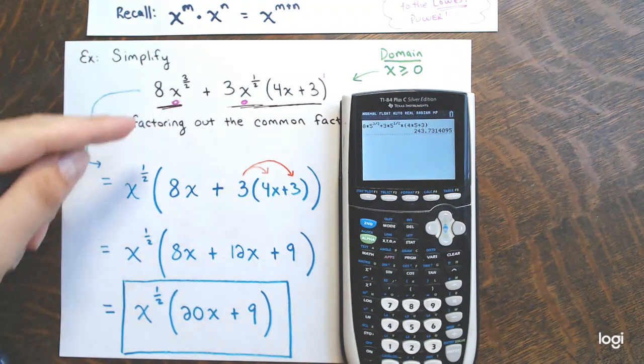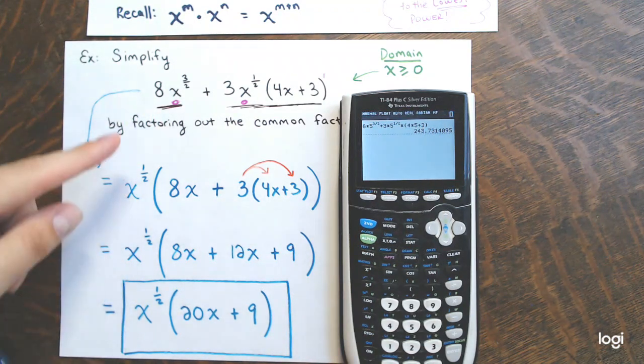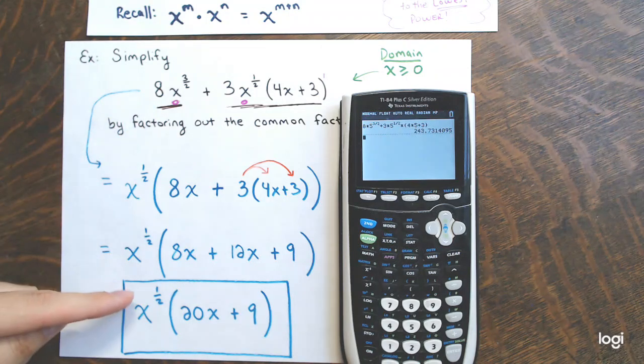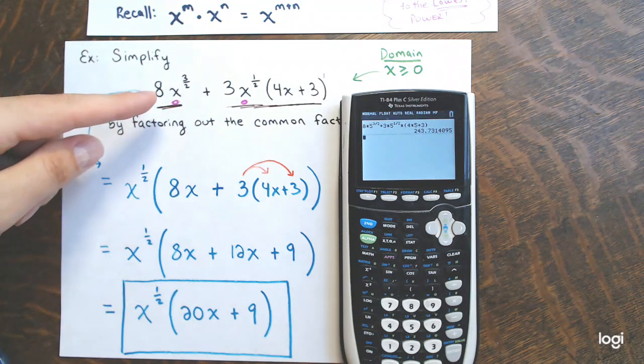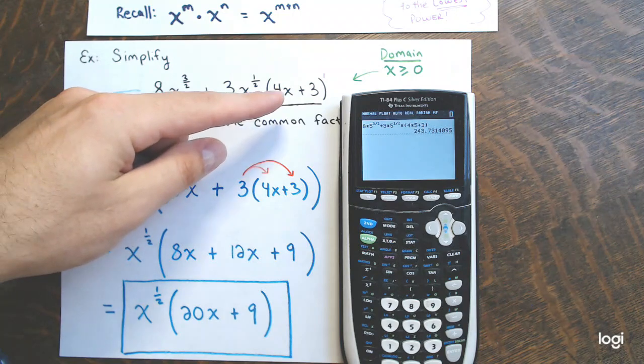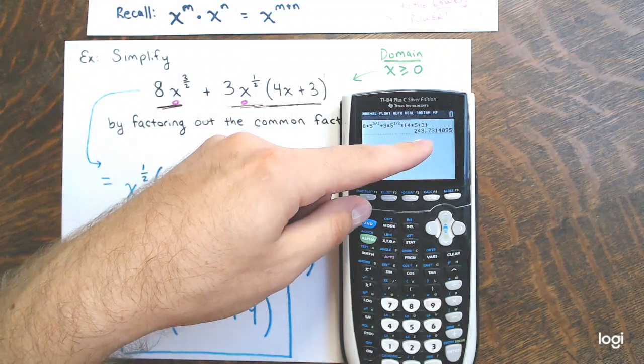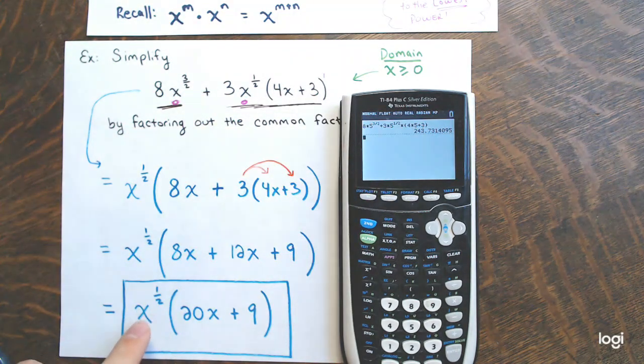And let's look at the expression I got in the box at the end. Is this truly equal to this? Well, up here I replaced x with 5, and got a value of 243.731 something. Let's see what happens down here when I replace x with 5.